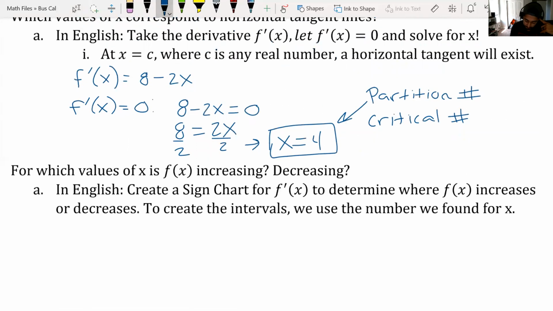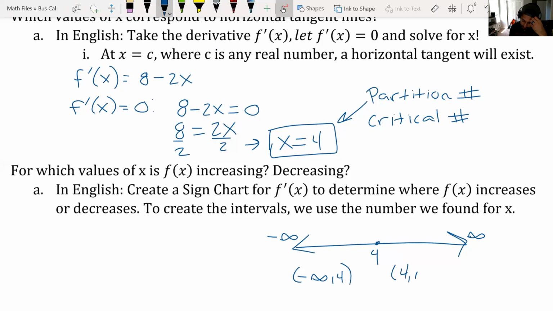So I create my number line and I plot my critical number of 4. And now I have two intervals. Here's negative infinity. Here's infinity. My intervals go from negative infinity to 4, and then 4 to infinity.